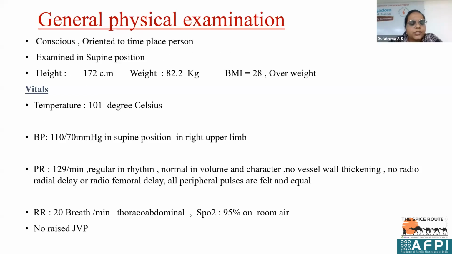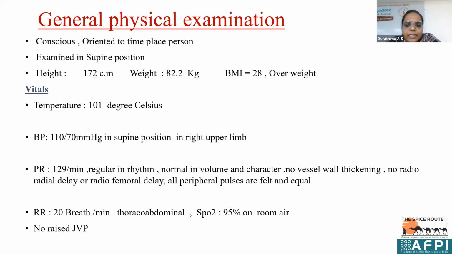On general physical examination, patient is conscious, oriented to time, place, person. Patient examined in supine position. Vitals: temperature 101 degrees, BP is 110/70 mmHg in supine position in right upper limb. Pulse rate is 129 per minute, regular in rhythm, normal in volume and character, no vessel wall thickening, no radioradial delay, no radiofemoral delay.